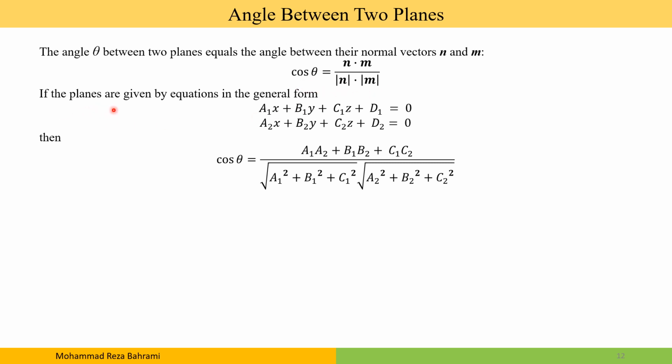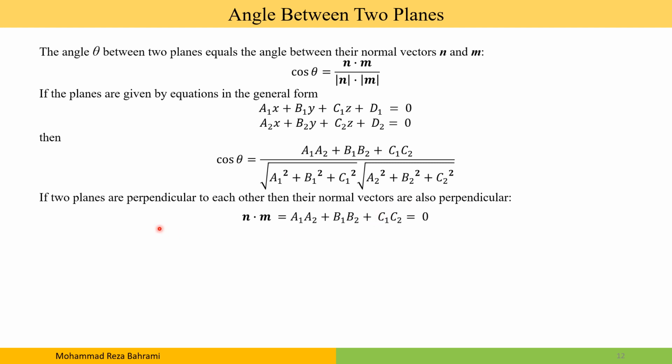If the planes are given by the general form a1 x plus b1 y plus c1 z plus d1 equal to 0, a2 x plus b2 y plus c2 z plus d2 equal to 0, then from here we know that (a1, b1, c1) is the normal vector of one plane, and (a2, b2, c2) is the normal vector of the other plane. So we can insert them in this expression here. We can rewrite cosine of theta as the dot product of n and m over the magnitude of n times the magnitude of m.